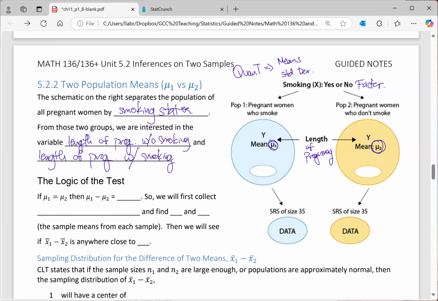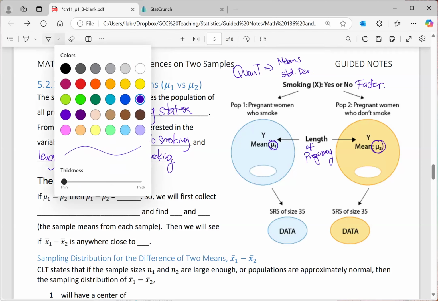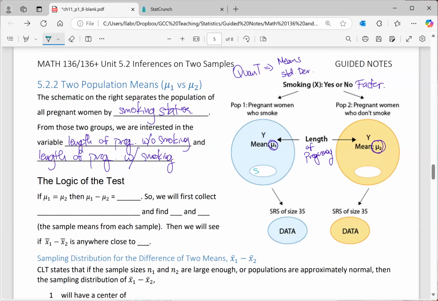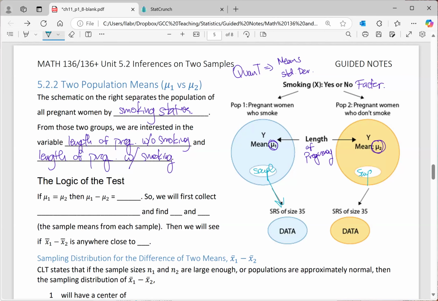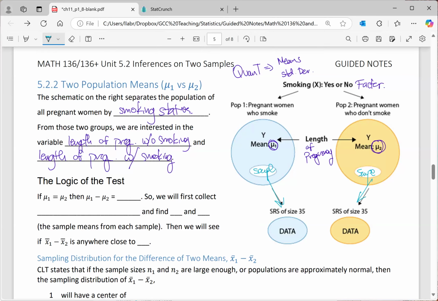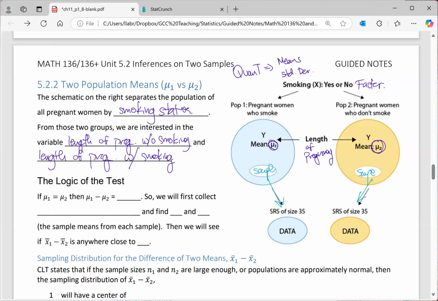Because I don't have access to the population, obviously, I'm going to go ahead and sample. That's what we observe happening right here. This would be your sample. And the logic is actually pretty amazing because we're going to say pretend. The null hypothesis is the hypothesis of no change.